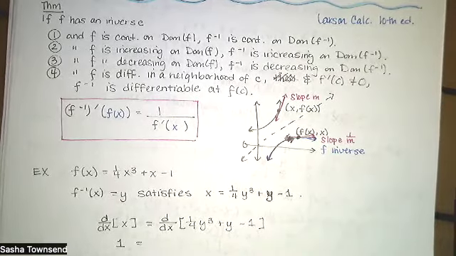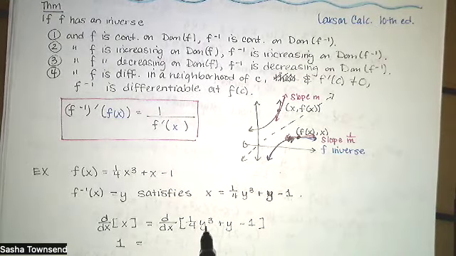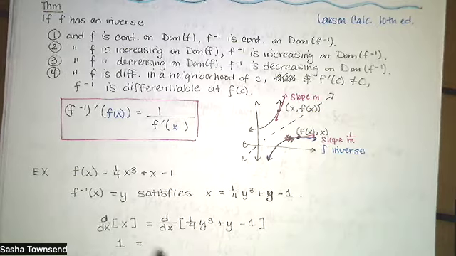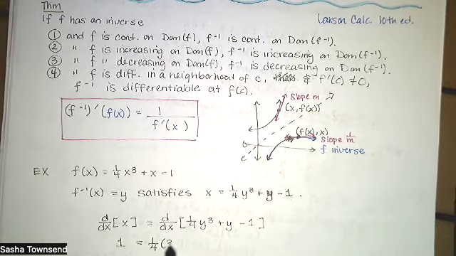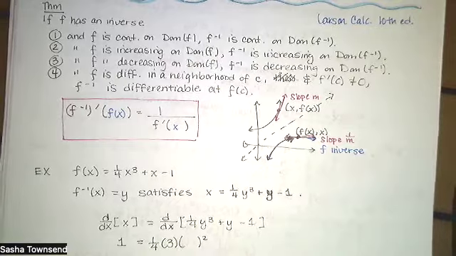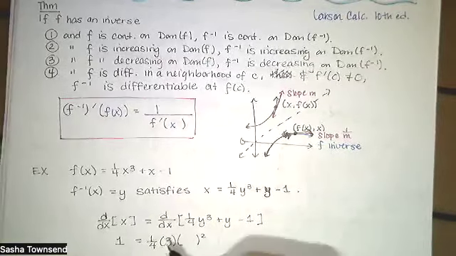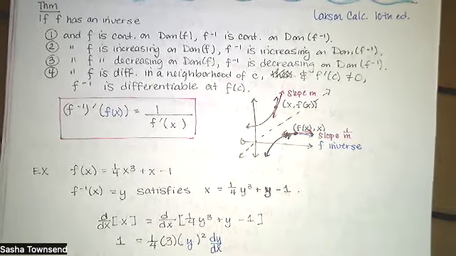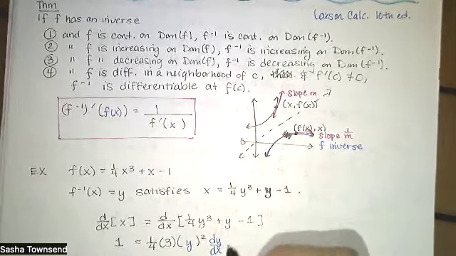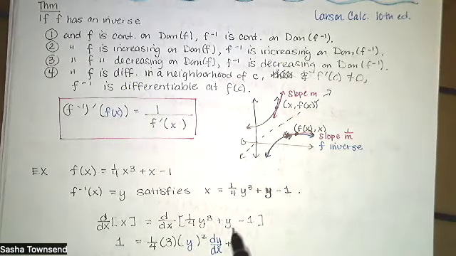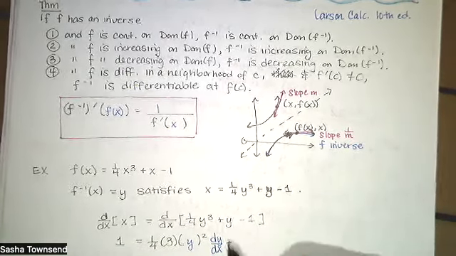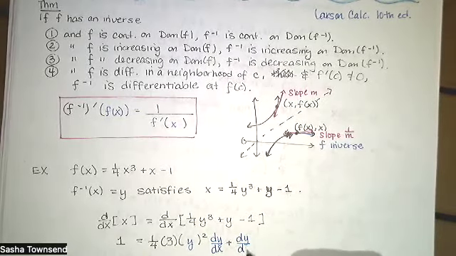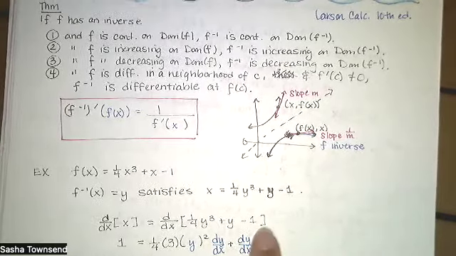Get a 1 on the left-hand side equals, well, the derivative of this piece with respect to x, remembering that y is a function of x, is 1/4 times 3 times y to the 2nd power times the derivative of the inside, which is dy dx, plus the derivative of y with respect to x, which is just dy dx, plus the derivative of -1, which is 0.